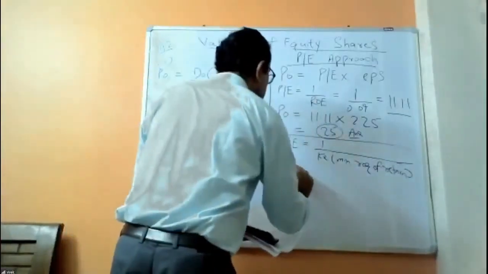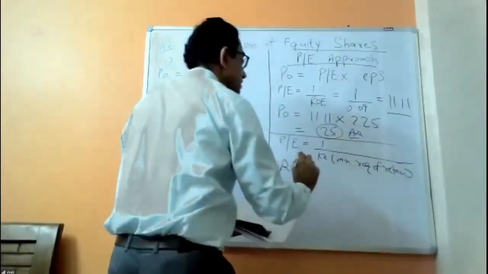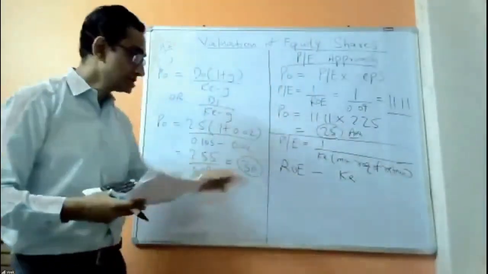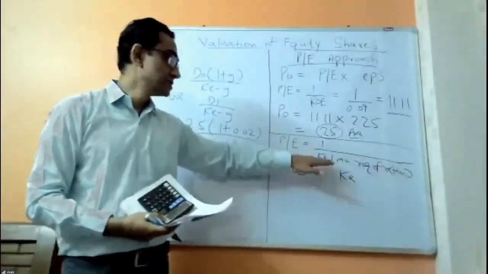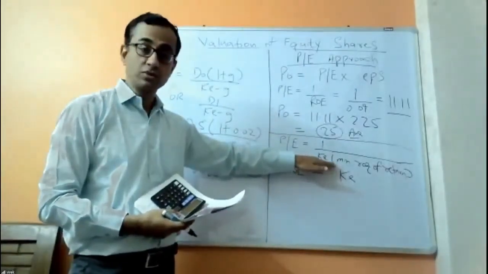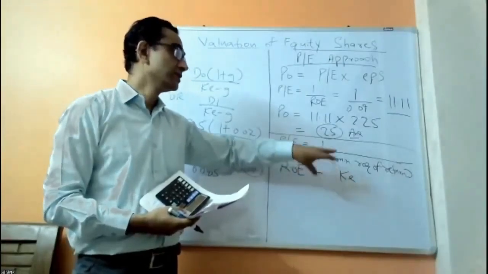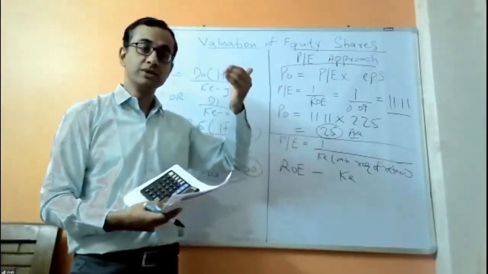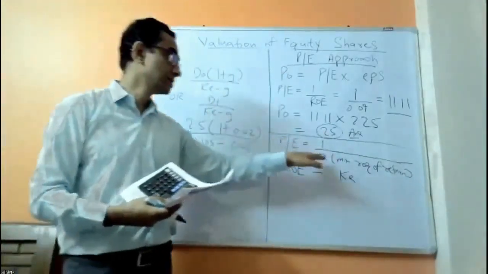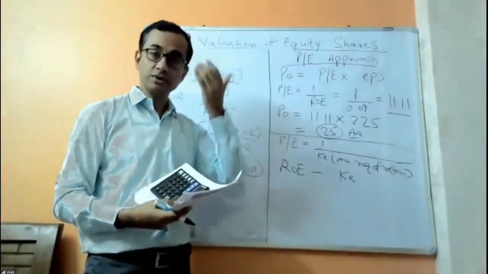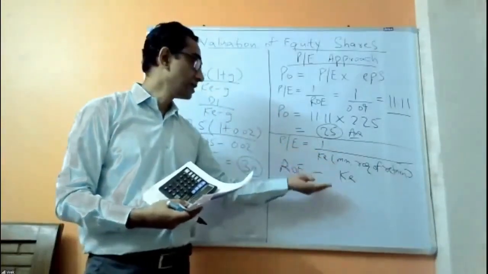This return on equity and this KE, that is the minimum required rate of return. What is the minimum required rate of return which the investor is hoping for in case of the earning based model? In case of the earning based model, he is hoping for the future EPS, that is, the company will employ it in profitable growth opportunities, and whatever return will be applicable to him.